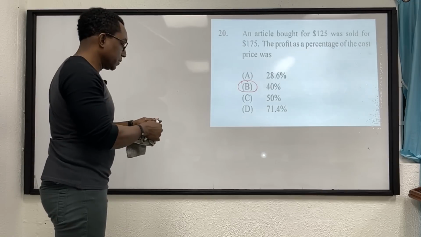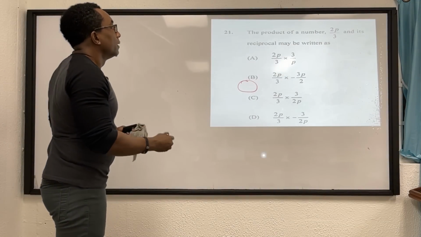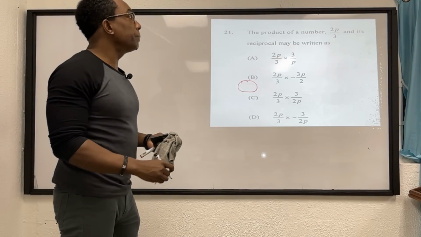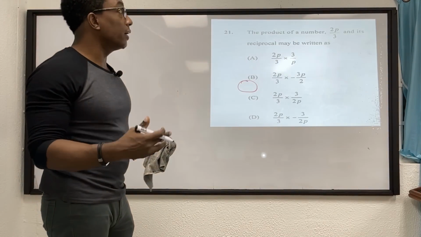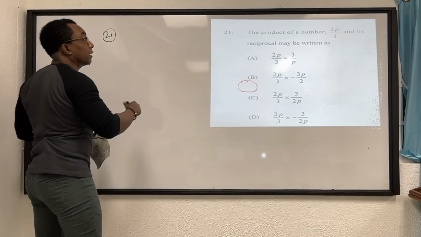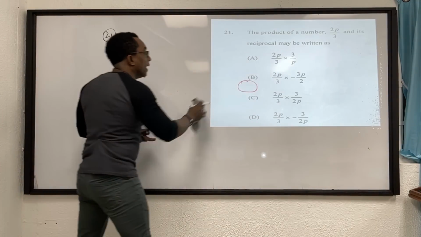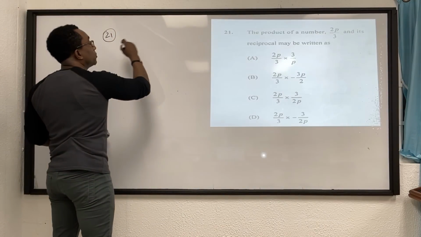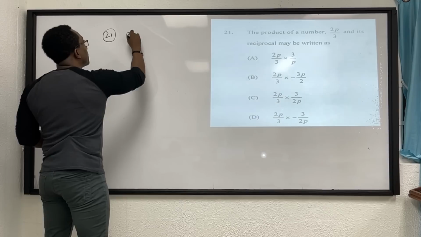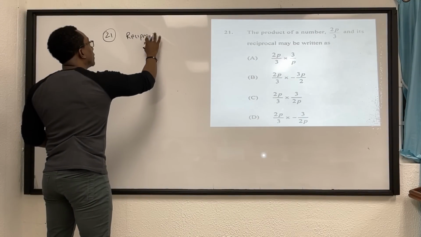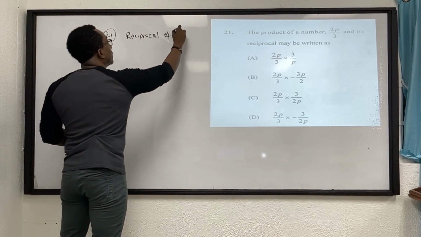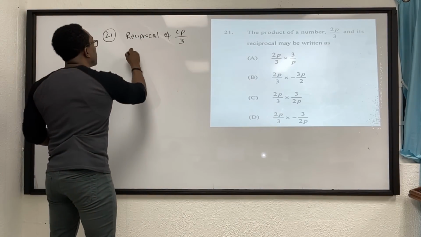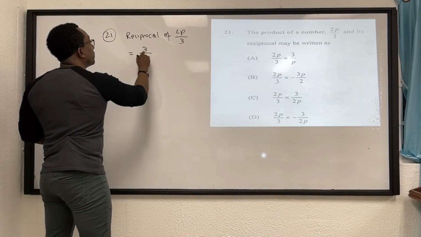So question 21, the product of a number 2p over 3 and its reciprocal may be written as. So product, of course, means to multiply. And if we have to find the reciprocal of 2p over 3, that will be equal to 3 over 2p.